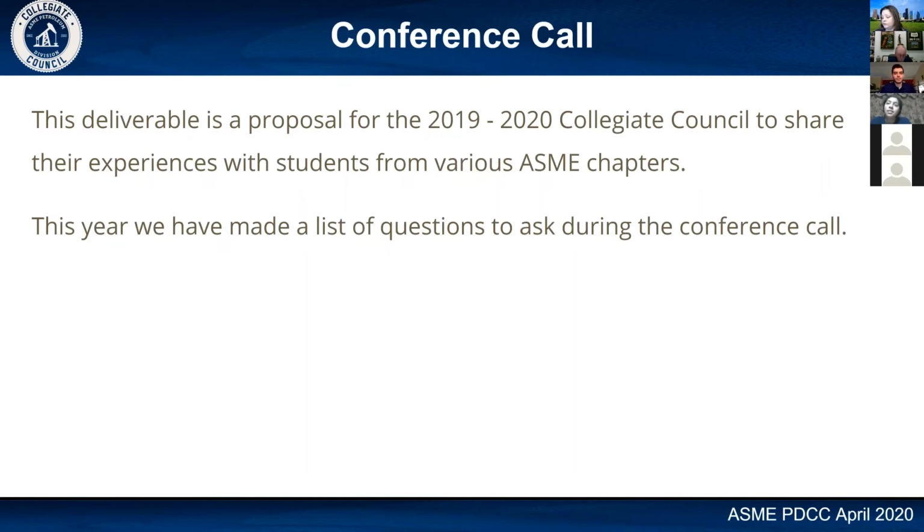I believe that this will be an excellent opportunity to let other students know about the Collegiate Council, because even though we send out flyers and documents, having something like this for people to either participate in live or be able to look at it later.